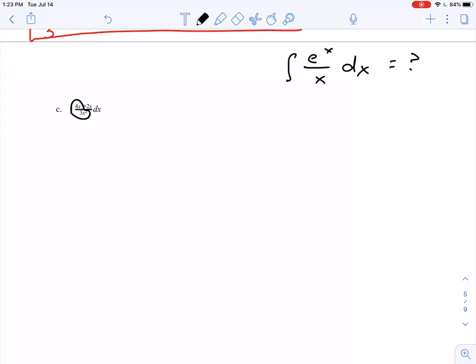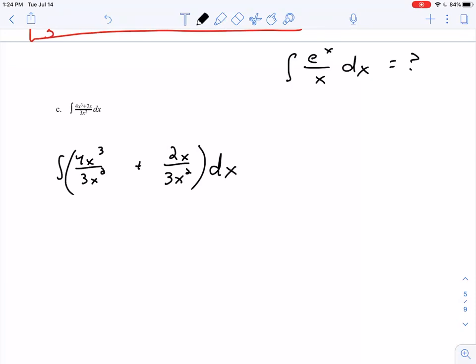I can say, well, that's 4x cubed divided by 3x squared, and 2x divided by 3x squared. So I'm going to break this up into two separate problems. I'm going to say, well, this is 4x to the third divided by 3x squared plus 2x divided by 3x squared. If you want to break it up into two separate integrals, that's fine. Usually I don't bother.